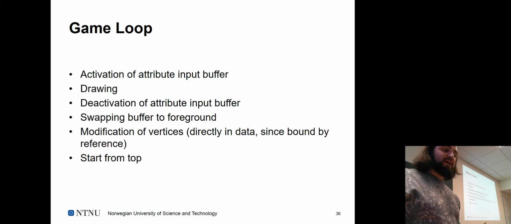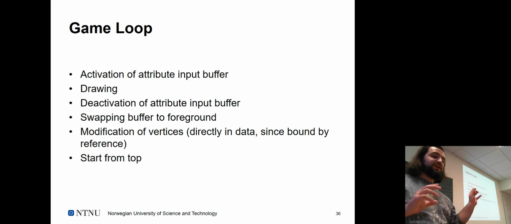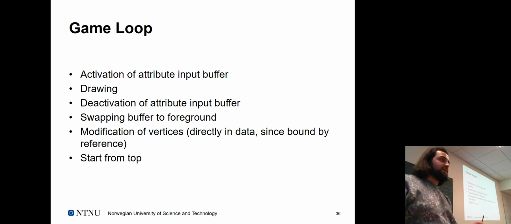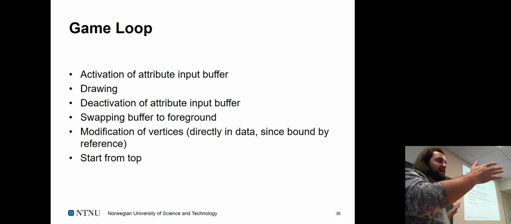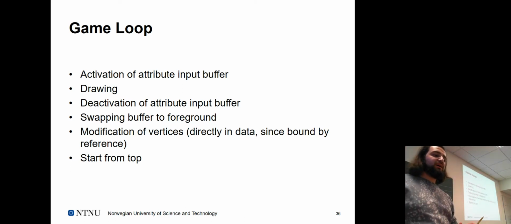After displaying one buffer, you might have some modification, like a motion, animation, perspective change, or anything in the game. So we change these vertices, we change the locations, and then we feed that data again to the activation. So we start from the very beginning and so on. And this is how we have this seamless movement in the game.